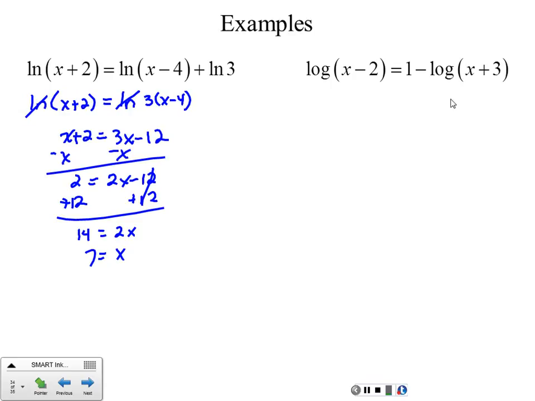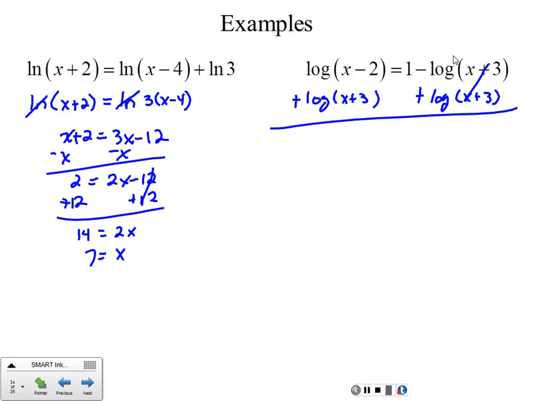All right, this one, I think we've already done something like this. So what are you going to do first? All right, so we're going to add log of x plus 3 to both sides. And since we're adding, your argument's going to turn into what?